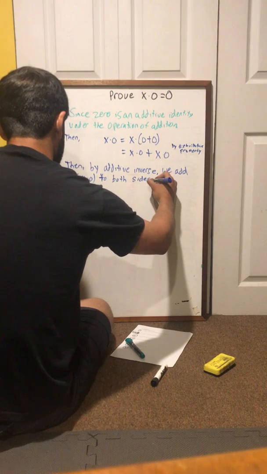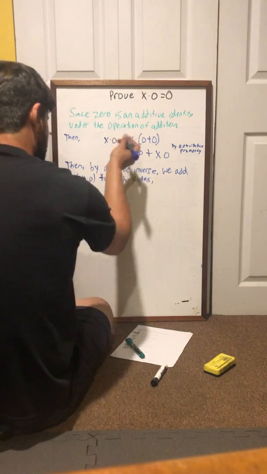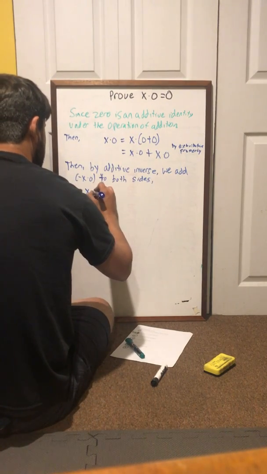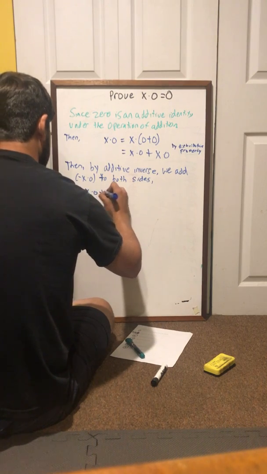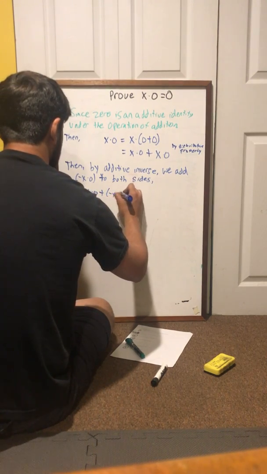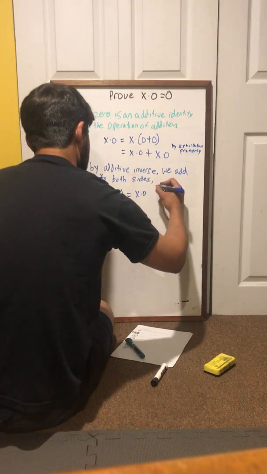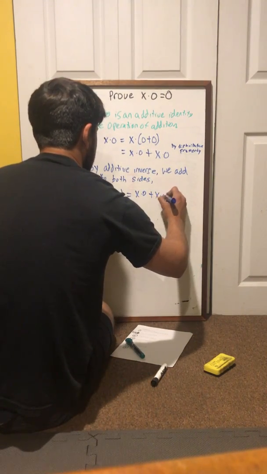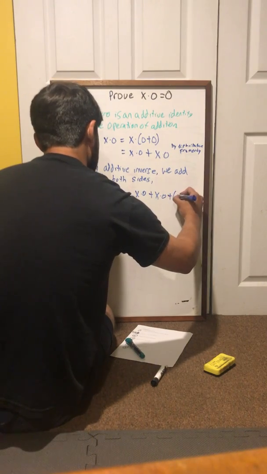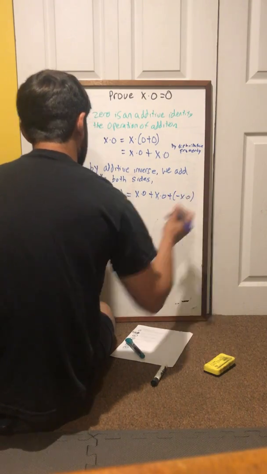Okay. That's going to say x times 0 plus negative x times 0 equals x times 0 plus x times 0 plus negative x times 0.